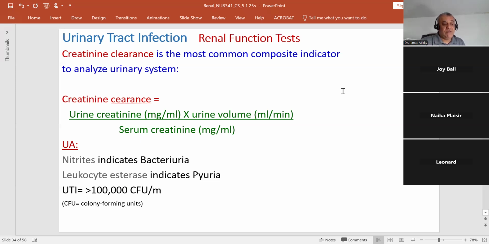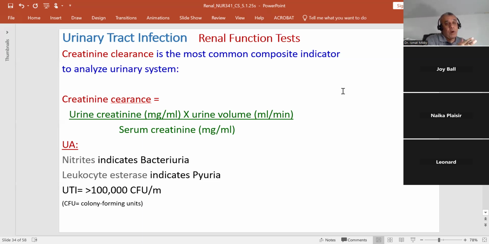The result of the culture and sensitivity will come back and provide us with some information. They will grow bacteria on agar and find out if there are any isolated microorganisms.